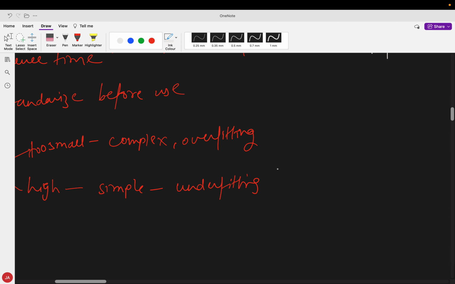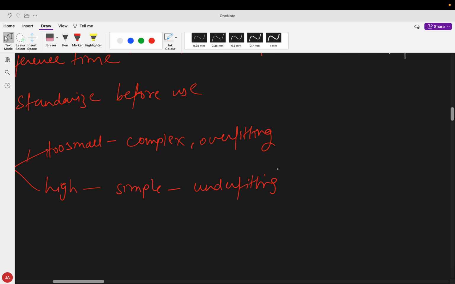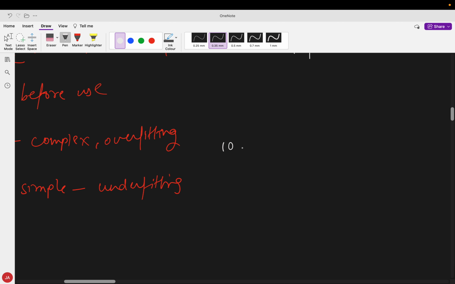But if I select a very high value, let's say 10 or 20, a number very high depending upon the data set, so K should be less than n, right? If the value of K is very high, then it would be just a simple average of the selected neighbors.